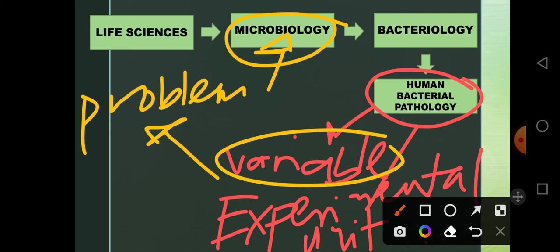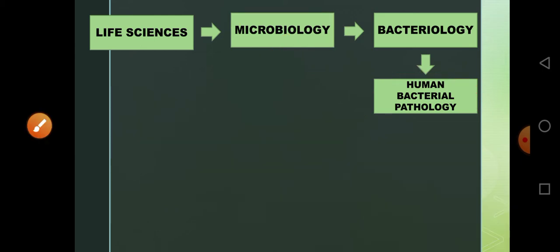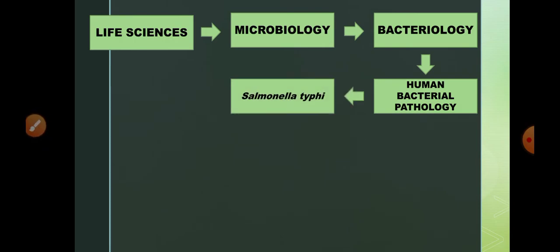Okay? Again, after choosing or narrowing down your subfield, you must choose a variable that can cause a potential problem in the discipline you have chosen. Okay? And upon further research, you found out that a bacteria known as Salmonella typhi causes a wide array of problems in the microbiological field.